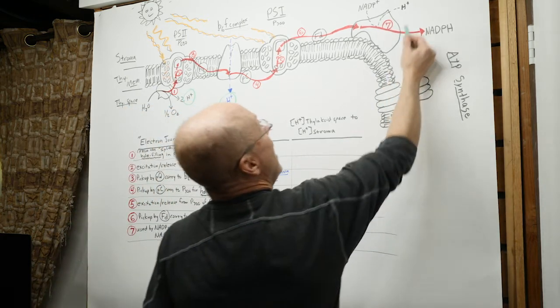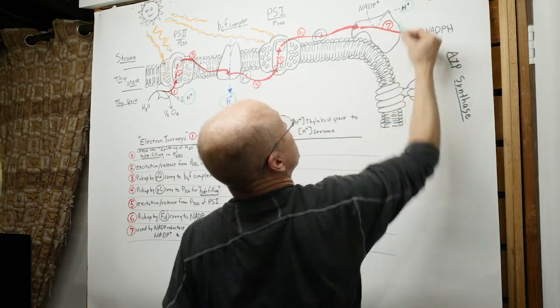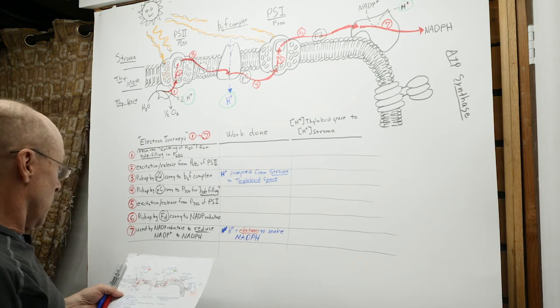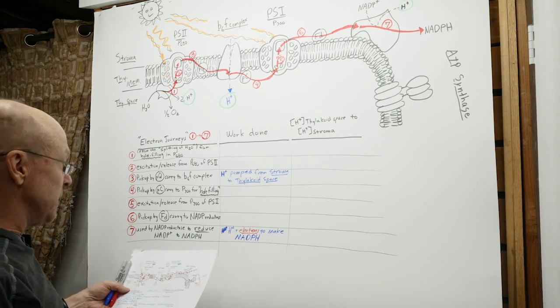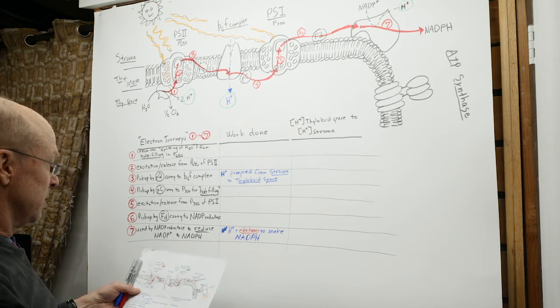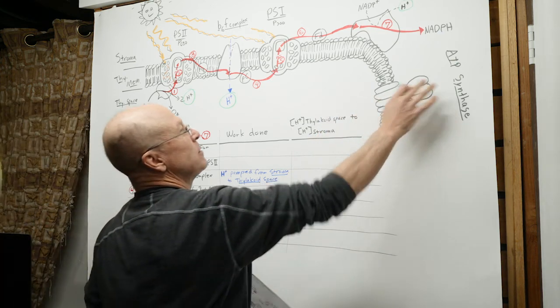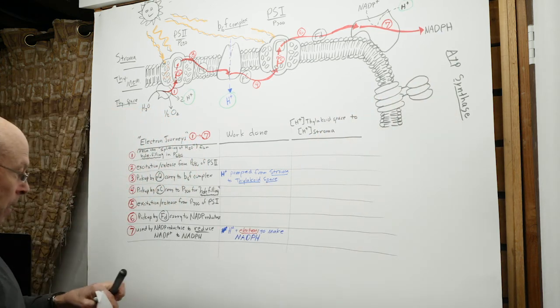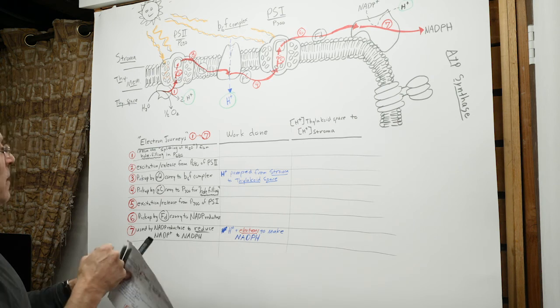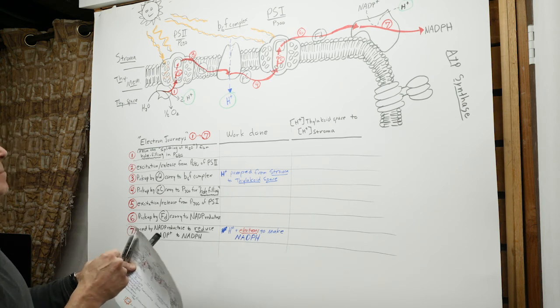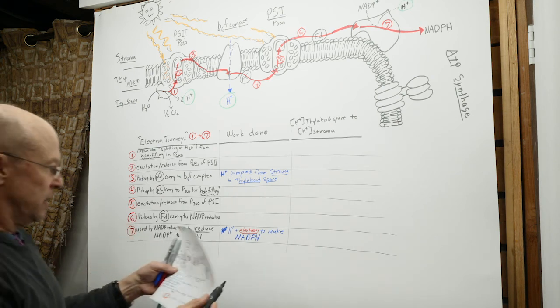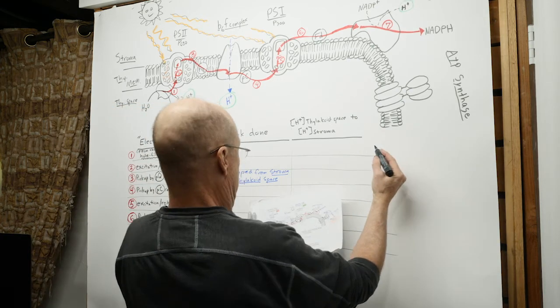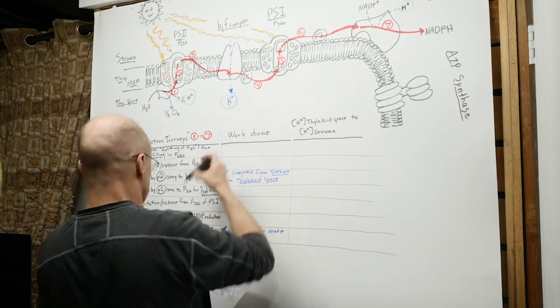And we actually have H plus here. So we have these three places where H plus do their thing. I've got work to do over here, by the way. These H pluses, actually let's finish this.